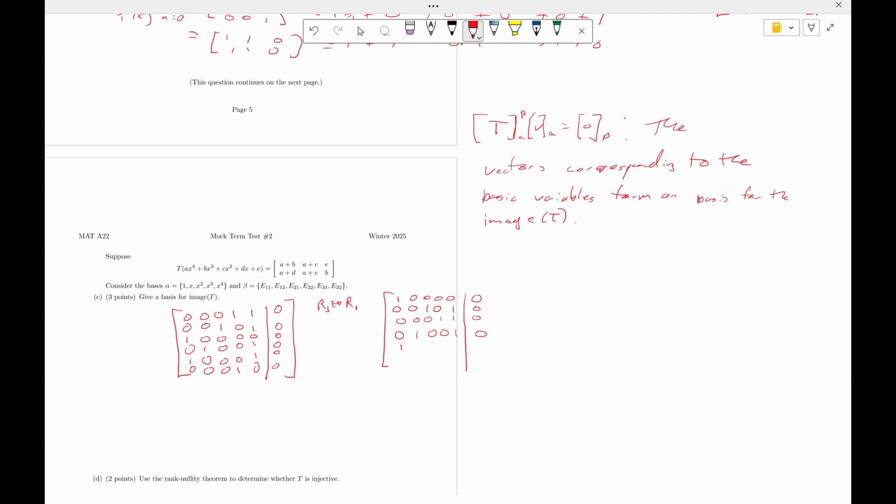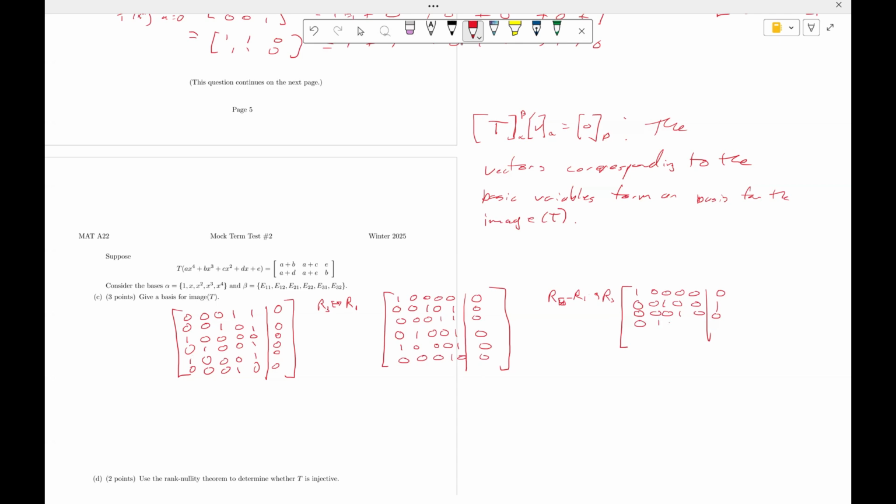Fifth row is 1, 0, 0, 0, 1. And sixth row is 0, 0, 0, 1, 0. And now I'm going to do row 5 minus row 1, which replaces row 5. So 1, zeros everywhere else, 0, 0, 0, 1, 0, 0, 0, 0, 0, 1, 0.